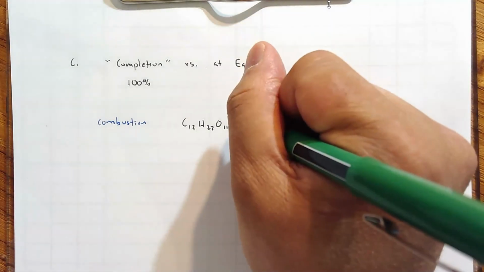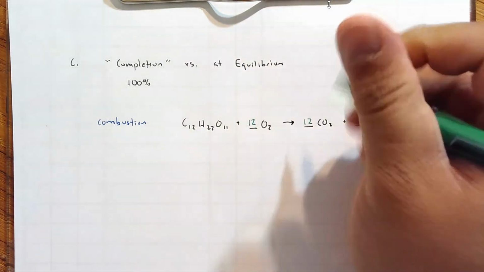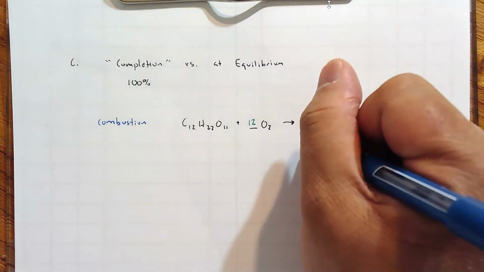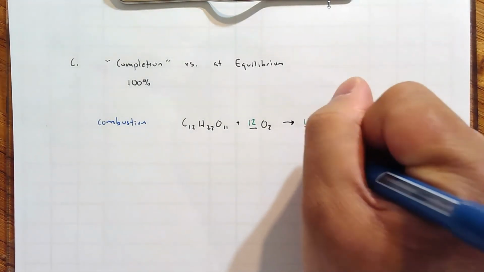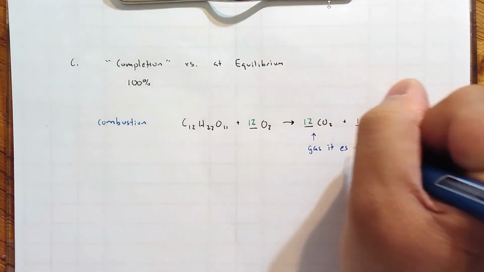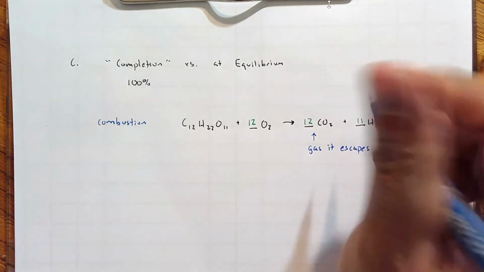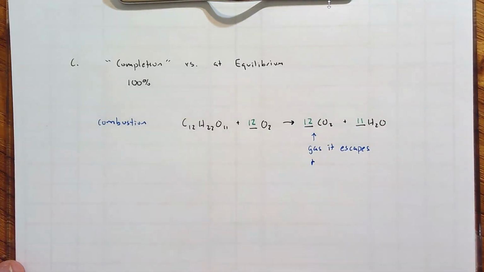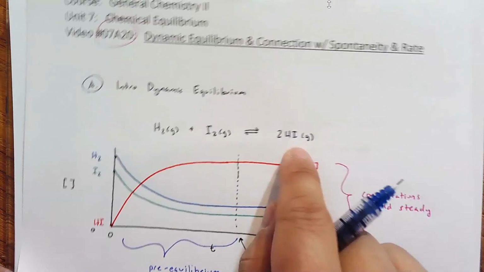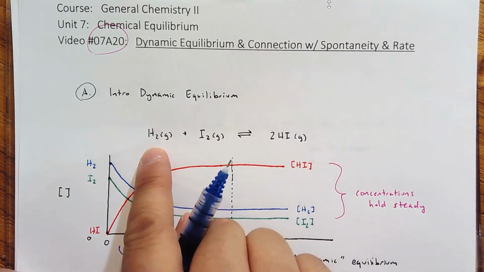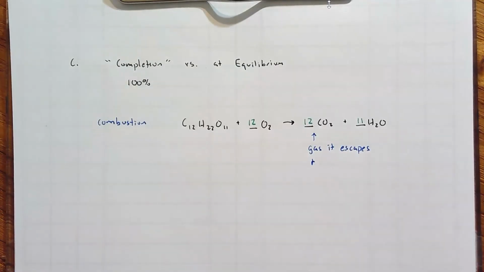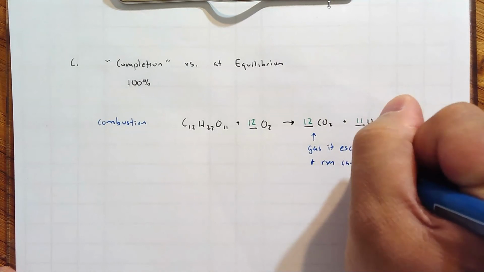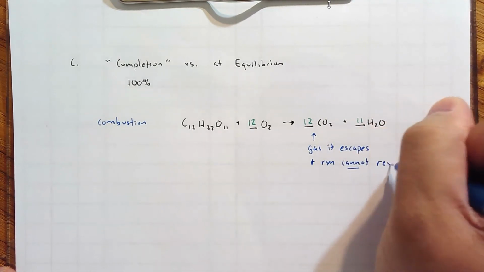We have 12, 12, and 11. Because CO2 is a gas, it escapes. And when it escapes, you don't have CO2 to go in the reverse direction. Unlike here, the HI can decompose into H2 and I2. So it escapes and the reaction cannot reverse.